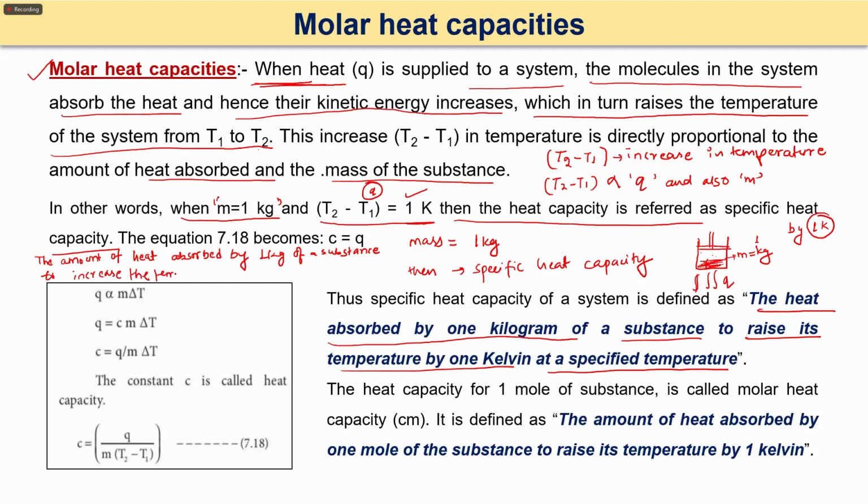Okay, we are increasing the temperature by 1 Kelvin. So if this is the case, then we call it specific heat capacity.